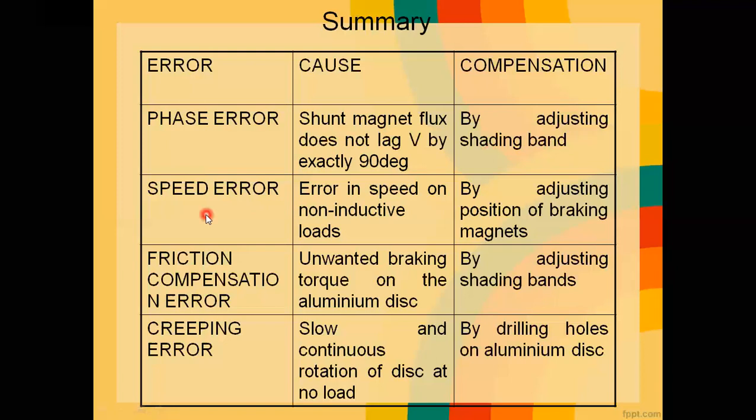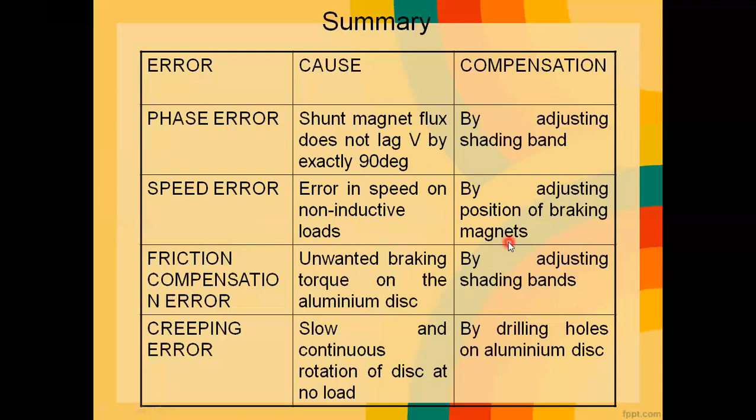The next error is speed error. Error in speed on non-inductive loads. That means when we have non-inductive loads, the disk will rotate either in a fast manner or a slow manner. So we can compensate the error by adjusting the position of the braking magnet.